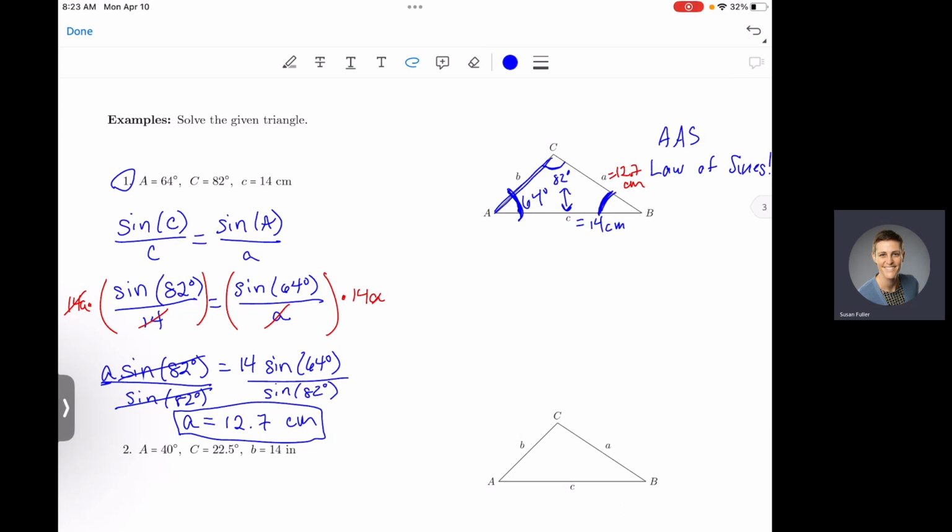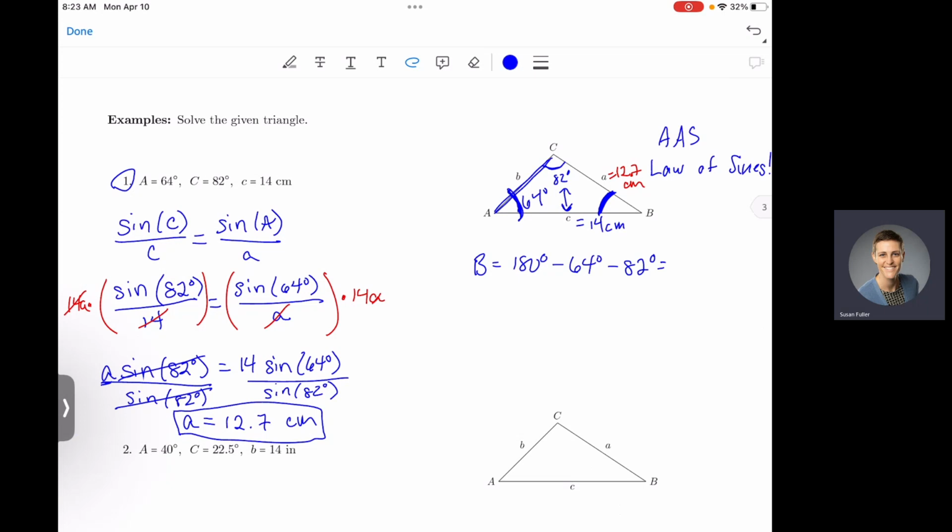And we can find angle B because we still have that all 3 angles add to 180 degrees. So to get angle B, I'm going to take 180 degrees and I'm going to subtract the 2 angles that we are given. And that's going to tell me how much is left over for my last one here.